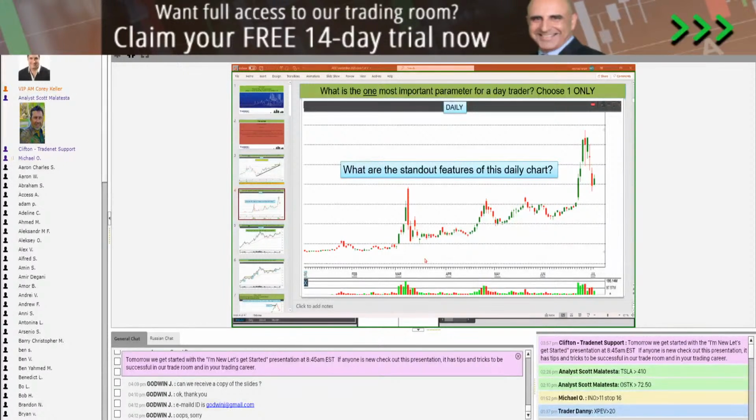Now, if we're looking at this chart, it's clear that the possibilities for us are endless when the stock is moving on a day like the beginning of March, with this engulfing red day and another leg to the downside.